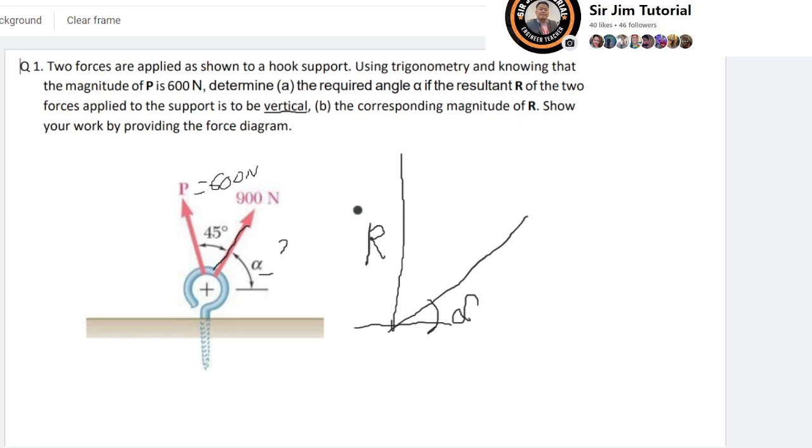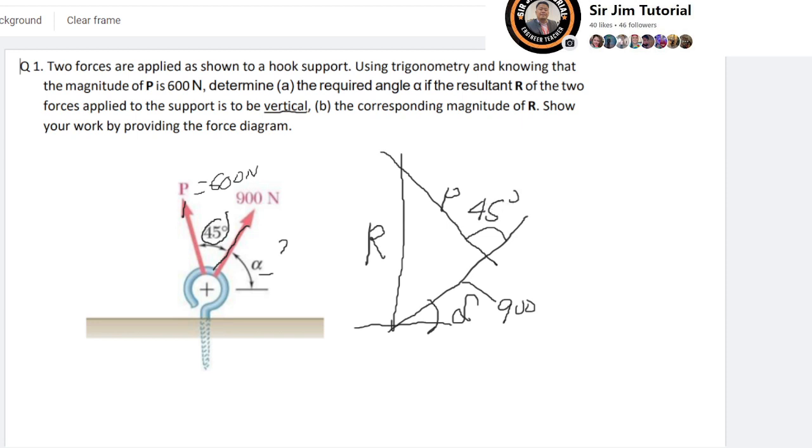If you copy this one over, this is 900, and then this is P. Now, extending here, between 900 and P you have 45 degrees.